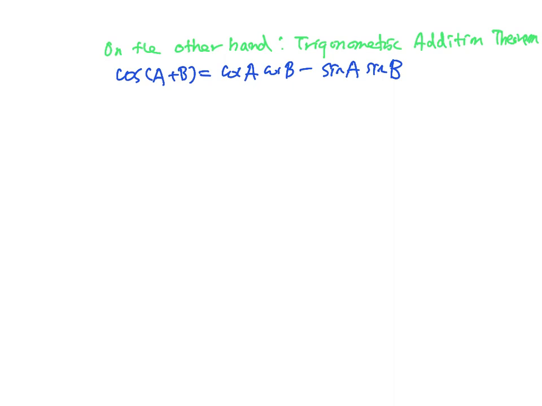You probably had learned this addition rule or theorem in your freshman high school or maybe senior middle school, either way. So let's try to apply whether this is also true for the complex number. So cosine x plus iy.